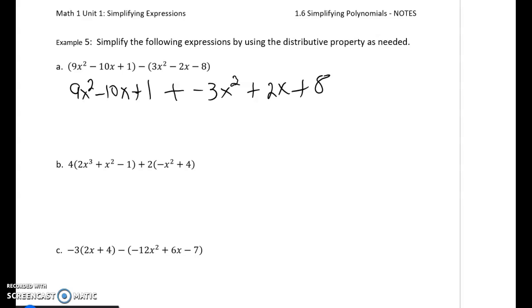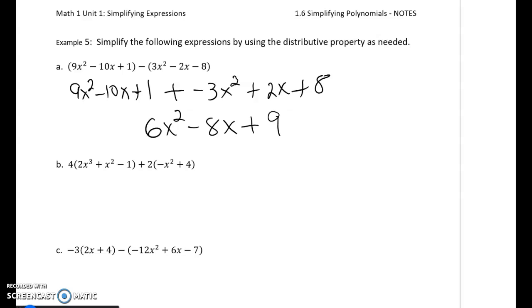But then I changed this subtraction symbol into an addition and made everything in the second polynomial the opposite. Once we do that, we look to combine like terms. We get 6x squared minus 8x plus 9.